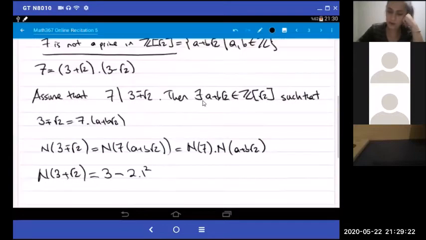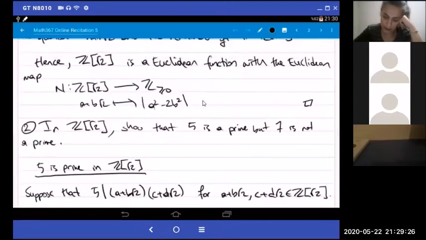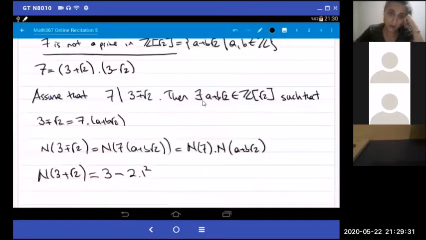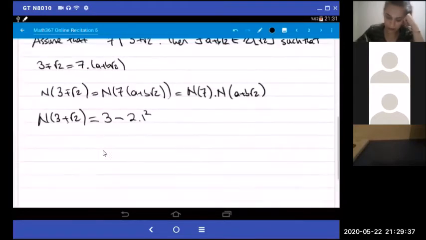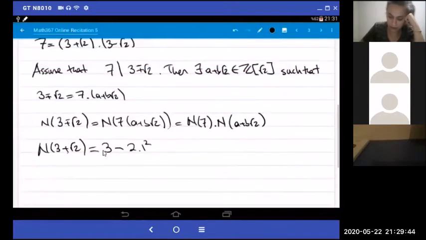What was the norm? a squared minus 2b squared. a squared minus 2b squared. Okay. a squared minus, I think this is correct. This is 1. No, squared. Okay. I know that there's something wrong, and this is 7.